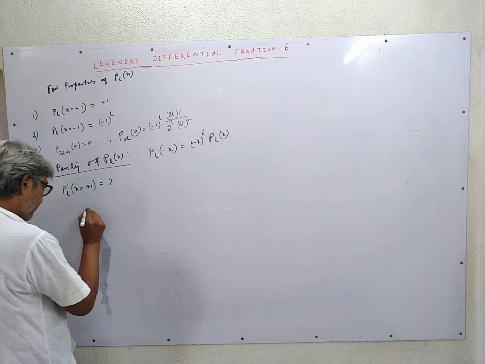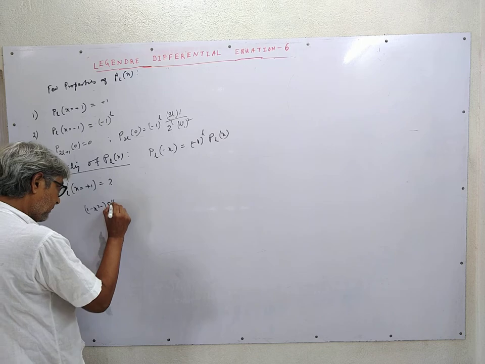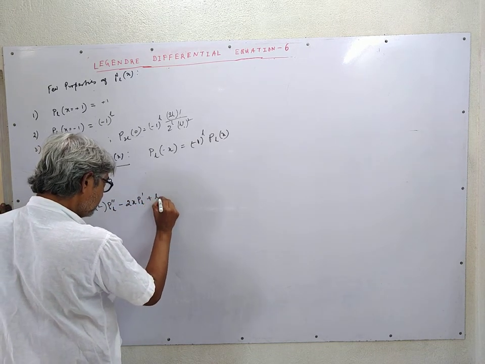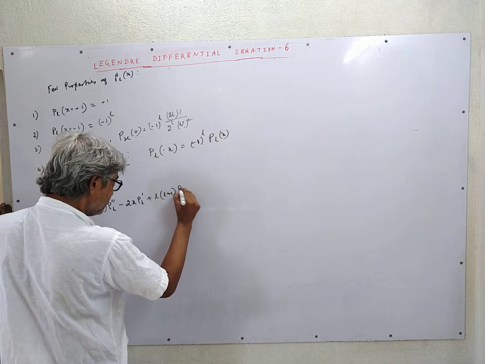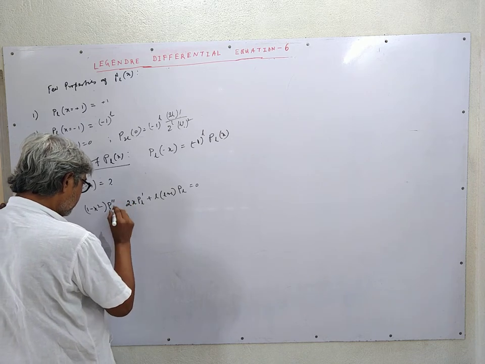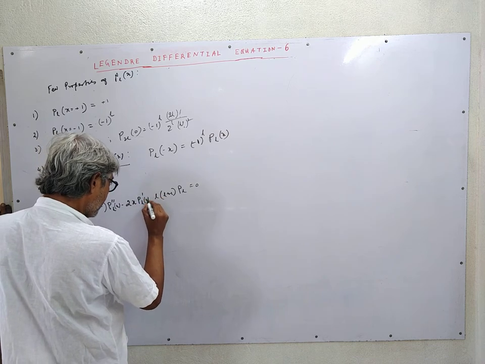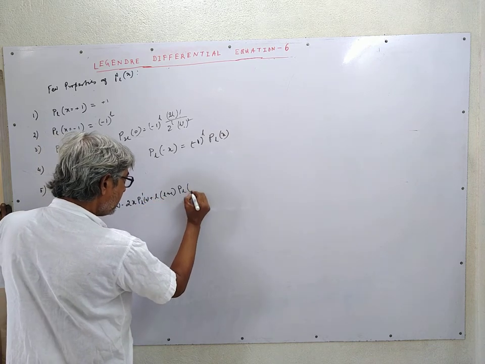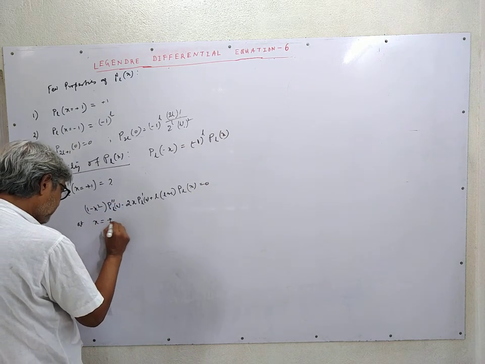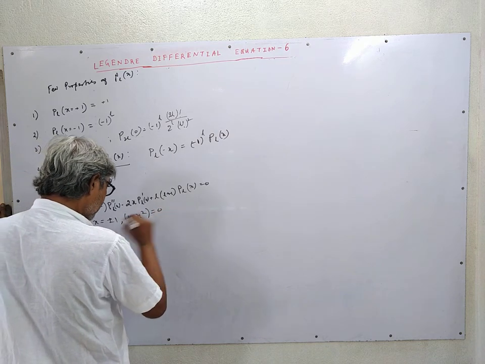We write the equation that is satisfied by the Legendre polynomial of order L. At x equal to plus minus 1, 1 minus x square is equal to 0.